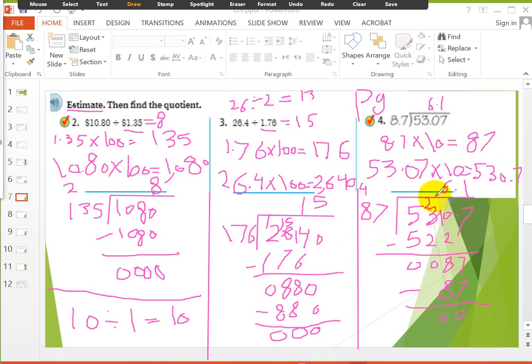So I will take 530 to divide it on 87 because I can't divide 53. So if you think about it, the number will be 6, okay? If you multiply 6 with 87, the answer will be 522, okay? Subtract. Now after that I have the decimal point. The decimal point I have to put it up over the decimal point in the dividend.